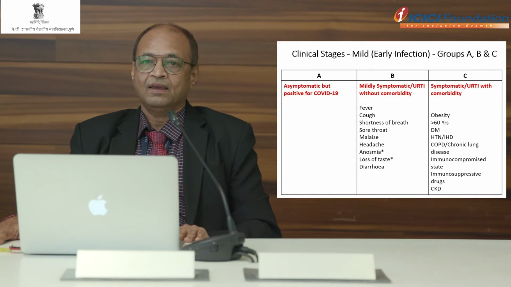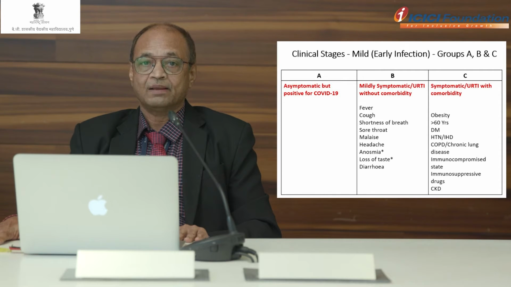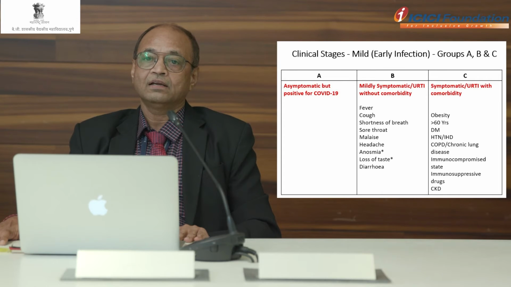Mild illness B, where the test is positive and the patient is symptomatic, but the symptoms are mild. Fever, cough, there is no breathlessness. There can be sore throat, malaise, loss of taste. All these mild symptoms are there, but the patient does not have any comorbidity. Then it is mild B illness.